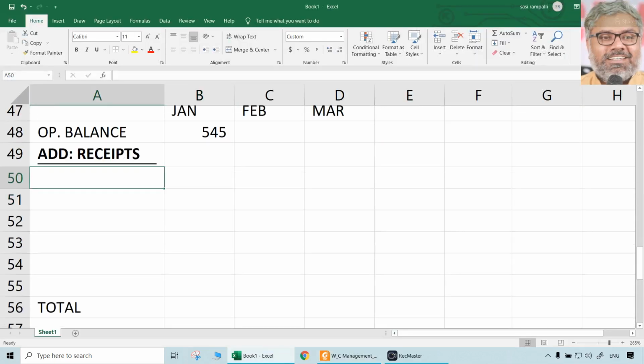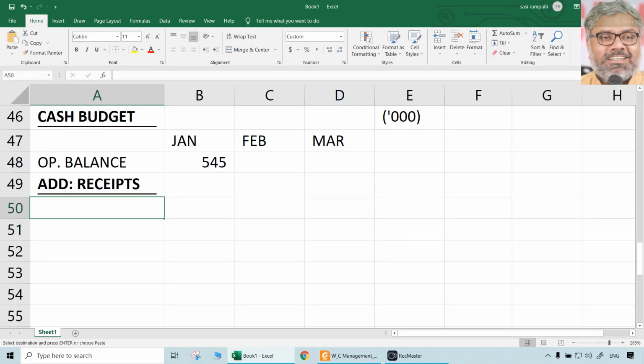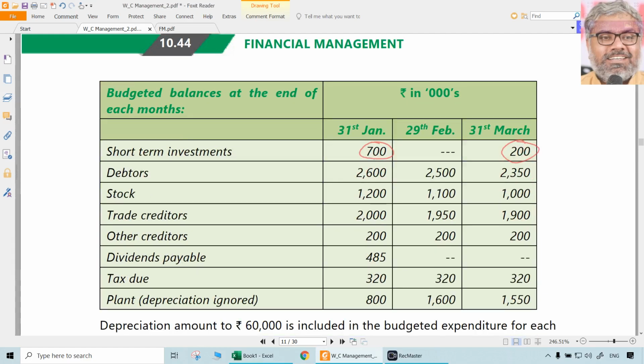That will be an inflow. So short-term investments purchased is an outflow, and short-term investments sold will naturally be a receipt. That happened not in January, not in February, but in March. 500,000 worth of investments were sold, which is why it became 200. That's what we have to understand from that.